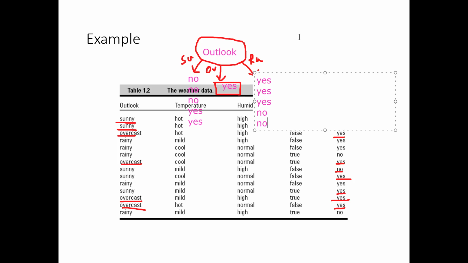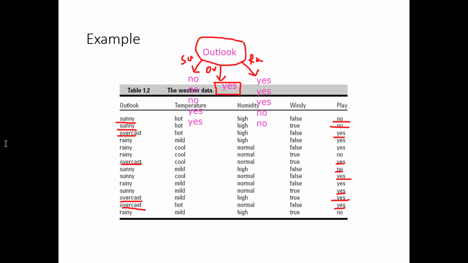Initially we had 14 instances, which is the whole data set. Out of 14, this branch took 5 instances, 4 instances, and again 5.